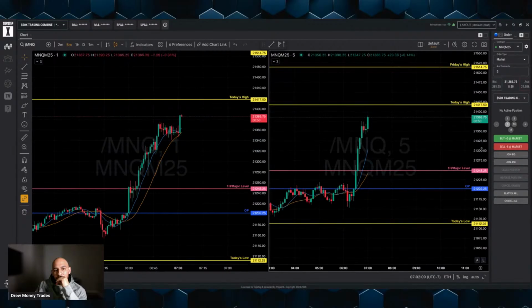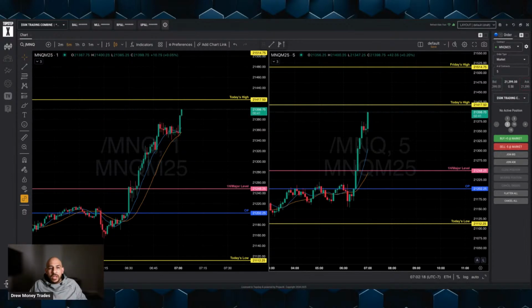All right, well, let's push to today's high so I can figure out how to get into this trade. Look at that. Look at that push.